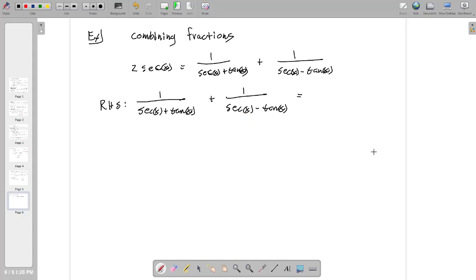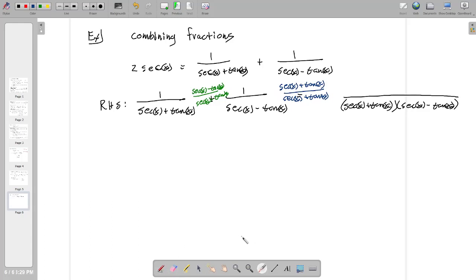Our common denominator is going to be secant x plus tangent x times secant x minus tangent x, like this. So, notice this fraction is missing secant x minus tangent x. So let's go ahead and multiply top and bottom by that. And then the right fraction is missing secant x plus tangent x. So we multiply top and bottom by that.